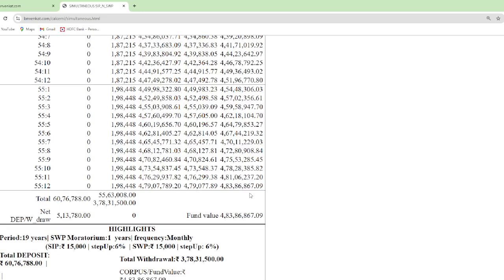This 4 crore 83 lakhs, there is taxation. To minimize the taxation, instead of withdrawing this 4 crore 83 lakhs at one time, withdraw in 5-6 installments over 5-6 years to avoid tax at that time.